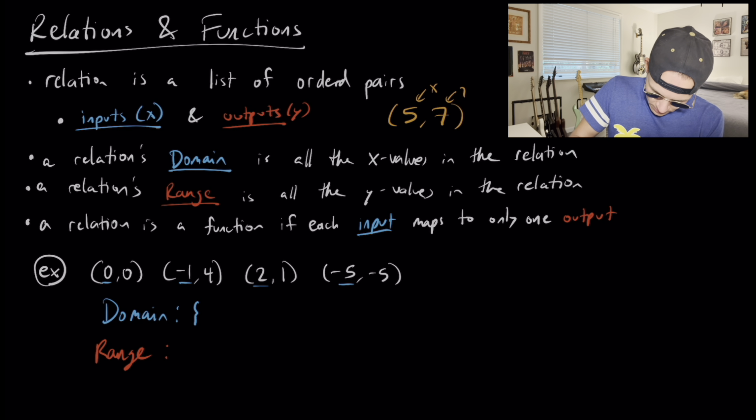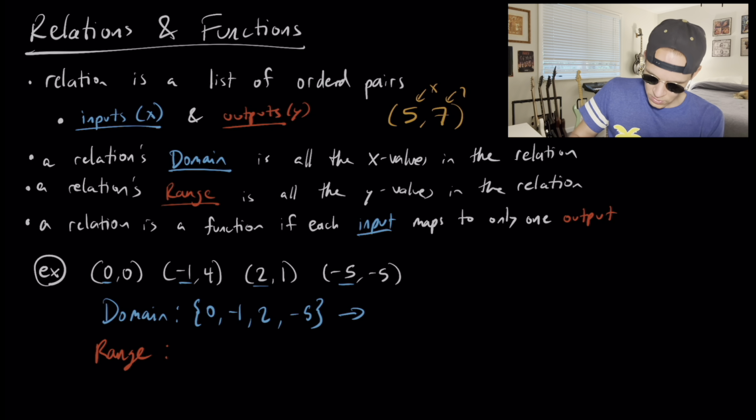I've got 0, -1, 2, and -5. And usually it's a convention or good practice to write that list from smallest to largest. So we'll go -5, -1, 0, and then 2.